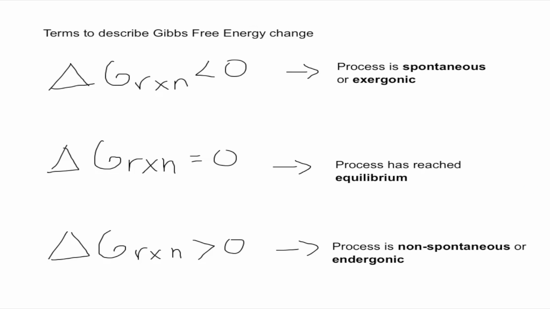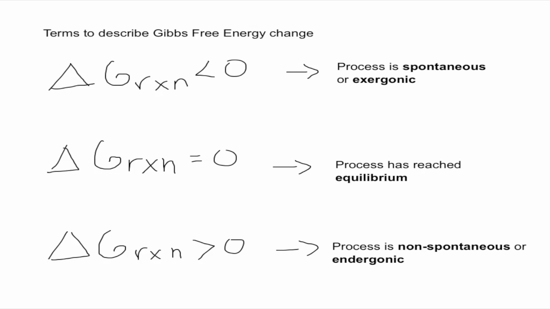As it occurred with enthalpy, before we had exothermic and endothermic reactions. But again, that was dependent on the value of the enthalpy, or the change in enthalpy. When we have the change in the Gibbs free energy, we're coming up with two more names.